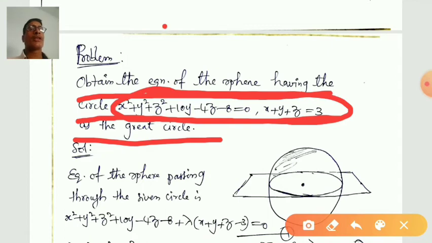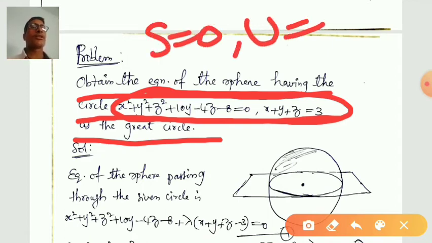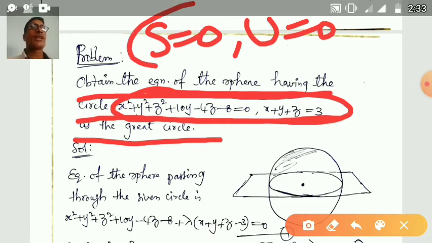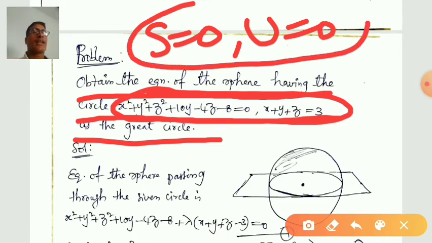These two equations represent a circle. So what we have to do here is obtain the equation of the sphere passing through this circle and also having this circle as a great circle.